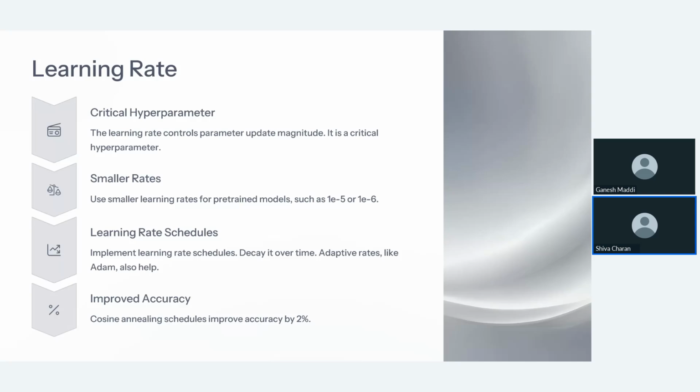Using smaller learning rates for pre-trained models, such as 1e-5 or 1e-6. 1e-5 is 0.00001. The learning rate will be that slow. That is why 1e-5 or 1e-6.